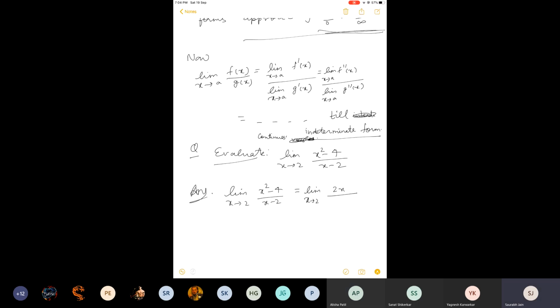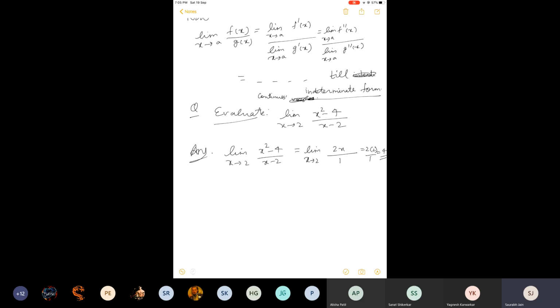And what will you get in the denominator? 1. And that is your answer. Why? Because indeterminate form vanishes, you get 4. You have already solved it, you know this is the correct answer. It is this simple, provided you know the correct formulas of differentiation.